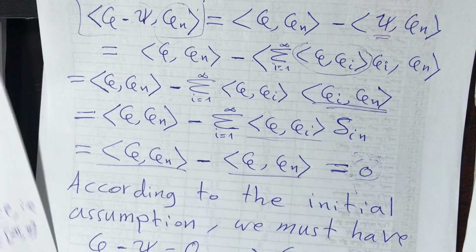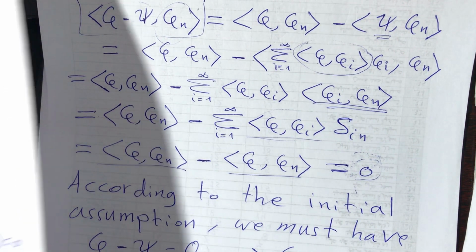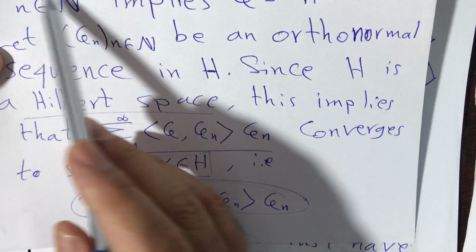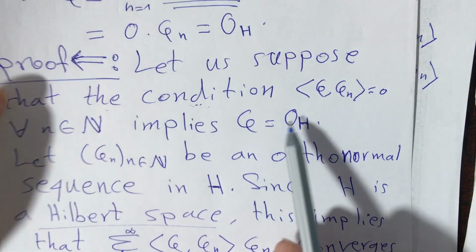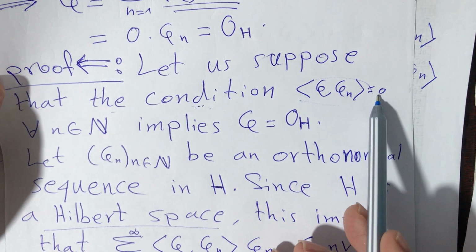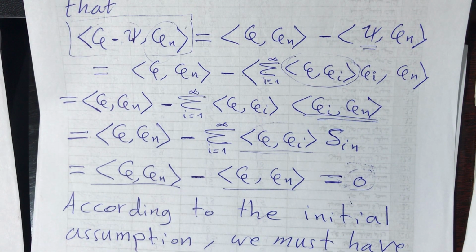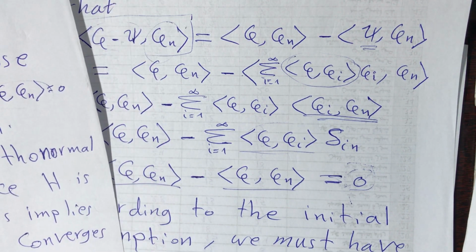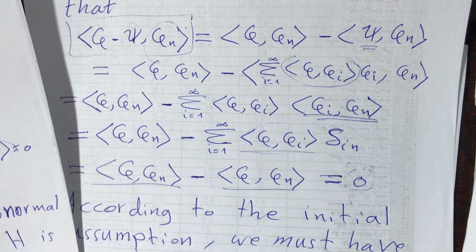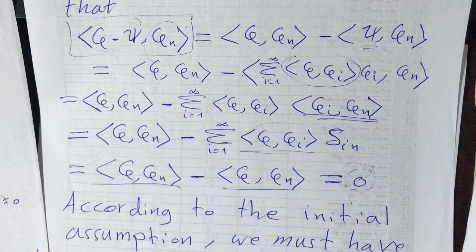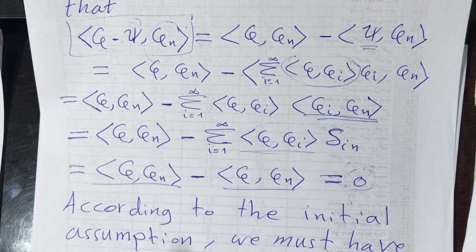And this is our condition here: if inner product with phi n equals 0, this implies phi equals 0. Then we get this will be 0.